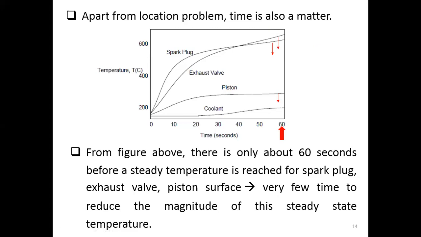So look at the time we have. It's only 60 seconds. So we have to do whatever we can if we want to reduce this temperature. This magnitude of temperature, we have to reduce within 60 seconds. So it's too fast, too fast.